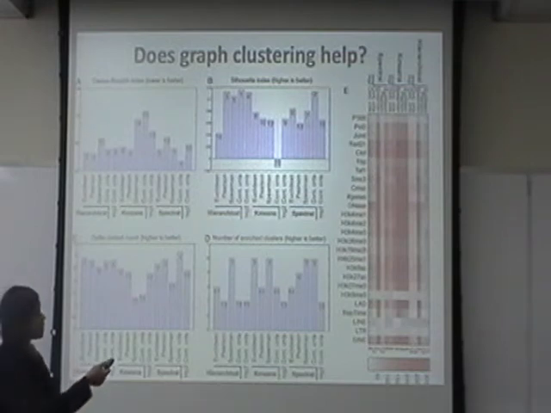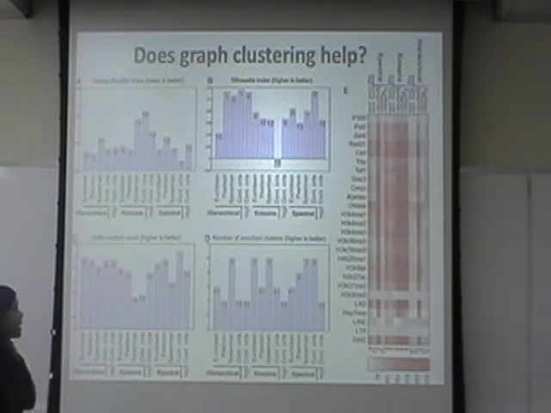And these are our different clustering algorithms, and the more red a particular entry, the better the particular method. And what we do is we summarize all of this information in this figure, and basically the higher, the better you are.